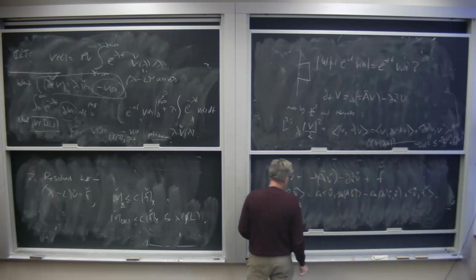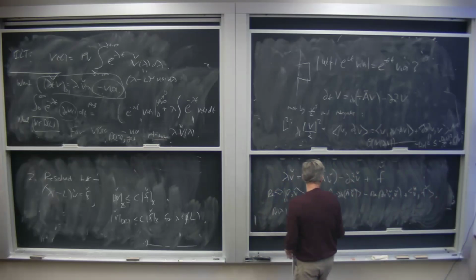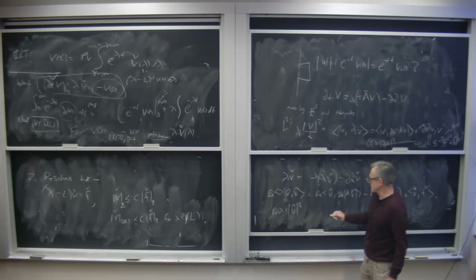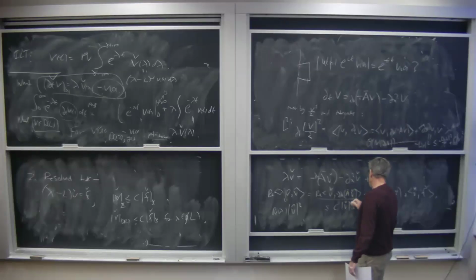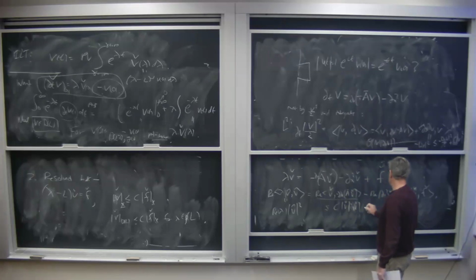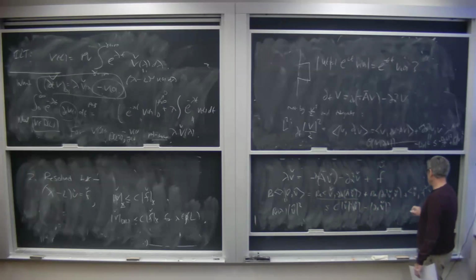And I don't much need the real part. I could just bound this by Cauchy-Schwarz. This is less than or equal to a constant times v check, dx v check, and the next term becomes minus dx squared v check.